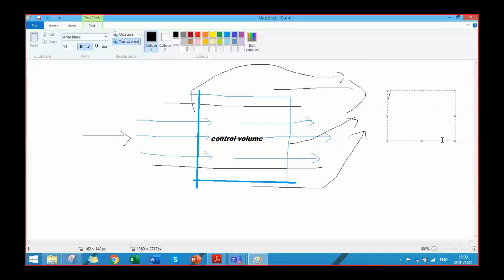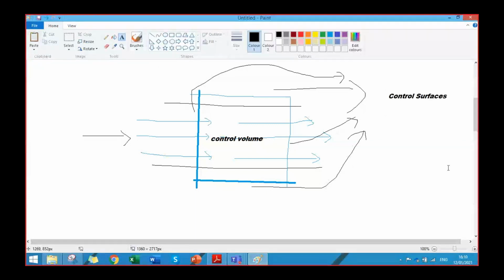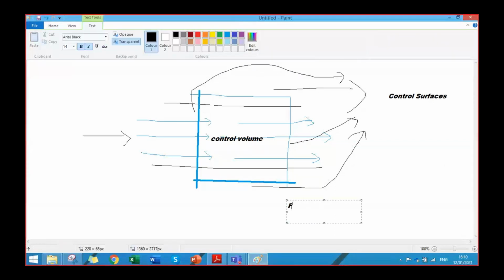A control volume can be fixed, moving, deforming, or non-deforming. There can be different types of control volume, but right now we're interested in a fixed, non-deforming control volume. Is the concept of control volume clear?